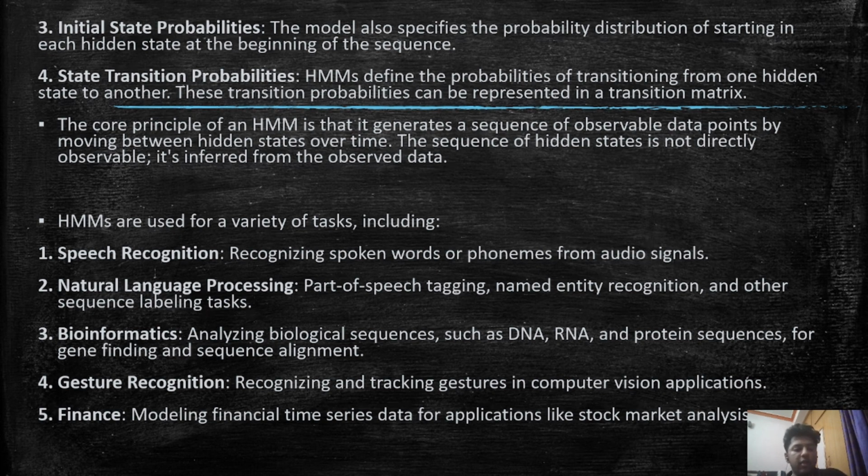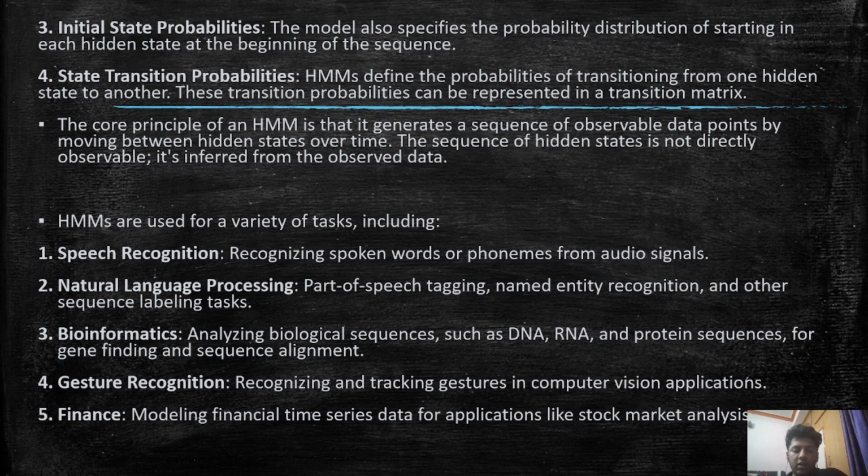And HMMs are used for a variety of tasks, that is speech recognition, to recognize spoken words or phonemes from audio signals, in natural language processing as part of speech tagging, named entity recognition and other sequence labeling tasks. Coming to the third one, that is bioinformatics, it is useful in analyzing biological sequences such as DNA, RNA, and protein sequences for gene finding and sequence alignment.